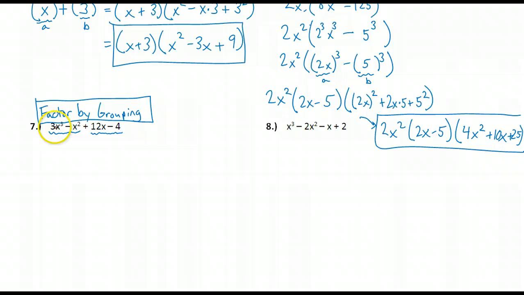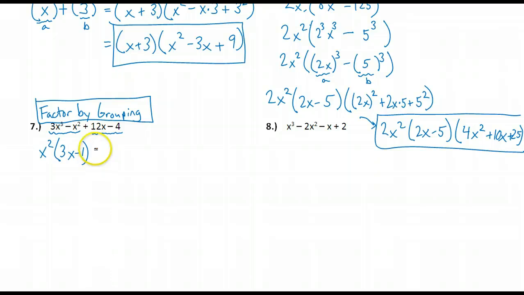If I look at my first 2 terms, I have an x squared common between these 2 terms. So I can factor out of just the first 2 terms x squared. And out of my second 2 terms, I have a 4 that can be factored out.